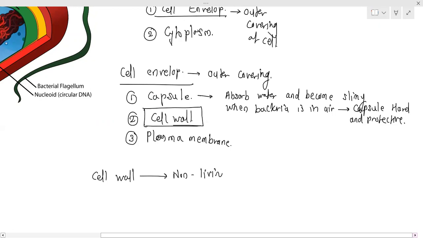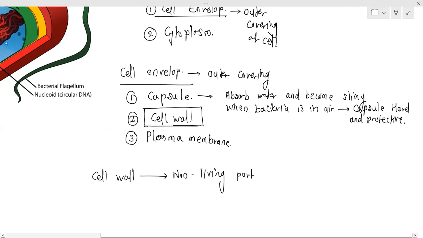Non-living part means it does not repair itself. Understanding? It cannot repair itself. It cannot consume energy. It does not need food. It does not need energy. Understanding? Cell wall in bacteria is a non-living part of the cell. Okay, non-living part of the bacteria.